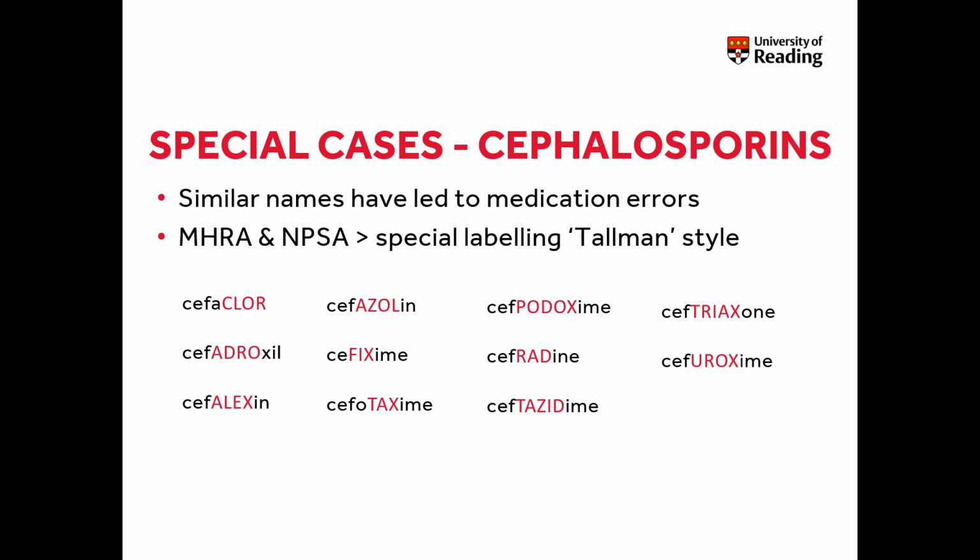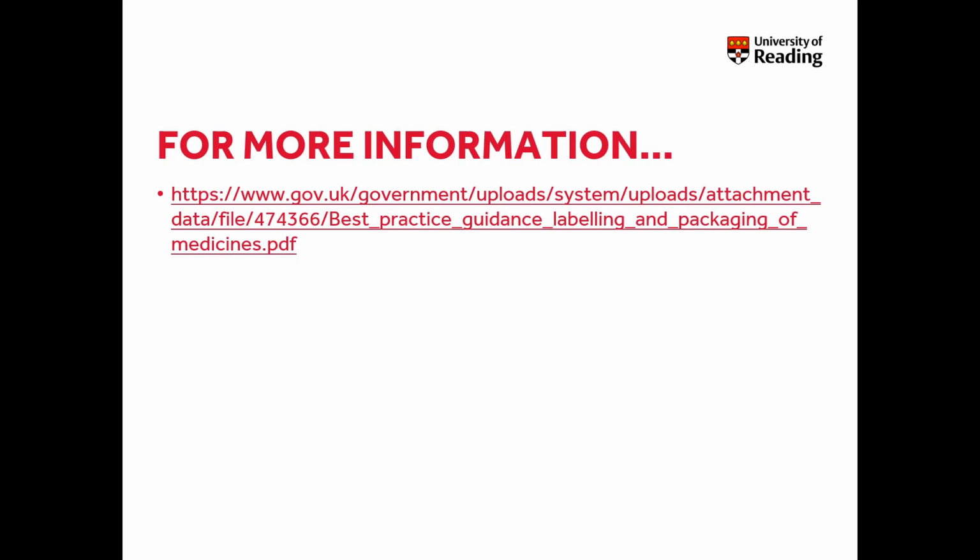Sometimes you will see Tallman font, this type of style, used on software, or even sometimes on prescriptions to help avoid errors being made. As I mentioned, this is the information available in the MHRA guidance document, and there's a link to this also in this lecture folder.